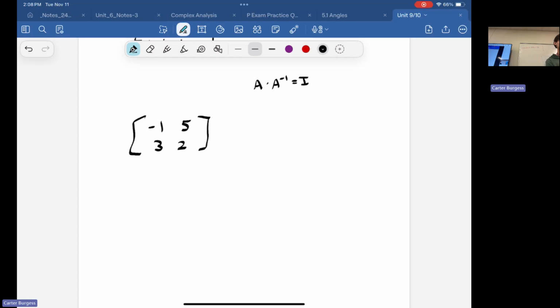And so if I take this matrix and multiply it by its inverse, we'll use a generic matrix. We'll call this A, B, C, and D. What should this be equal to if in fact they are inverses? 1, 0, 0, 1.